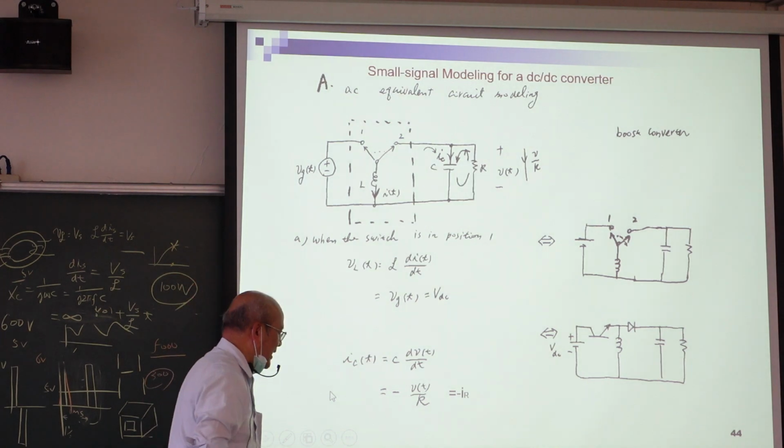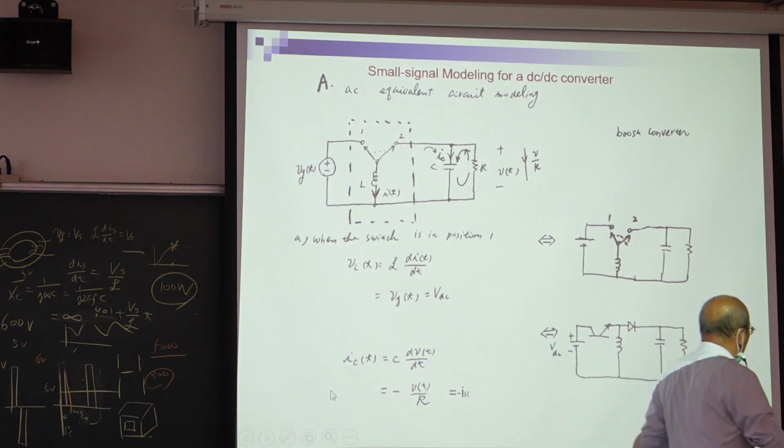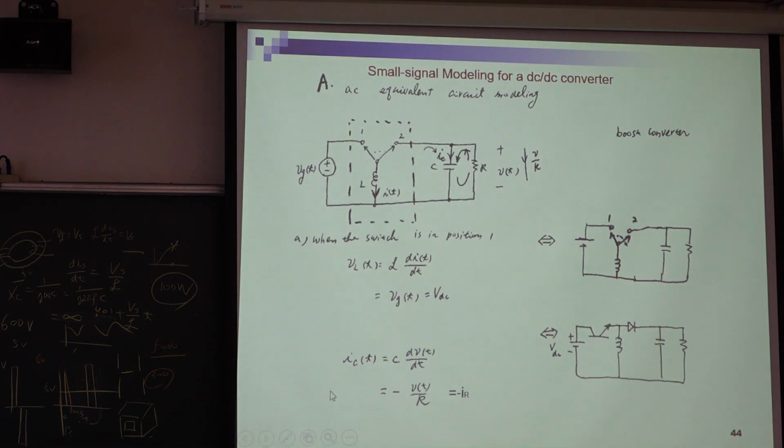So you say, my converter is a switch. So this is your circuit. So what is your mathematical model? What is the mathematical model of a switch?